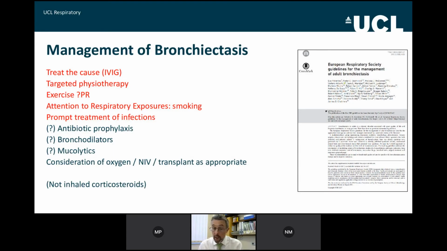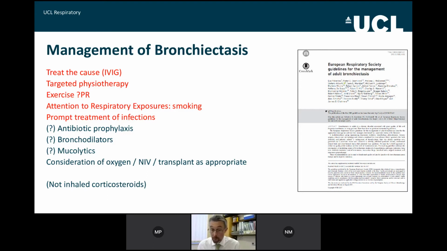There are recent guidelines to support you in managing people with bronchiectasis, and I illustrate on the right there guidelines produced recently by the European Respiratory Society. They're helpful, they're accessible, and if you're managing people with bronchiectasis, it's a good place to start. In terms of the basic principles of managing somebody with bronchiectasis, we try to identify a cause and treat the cause where we find one.